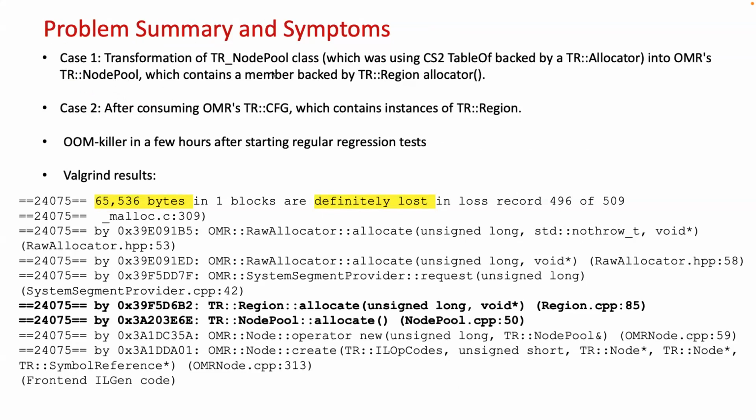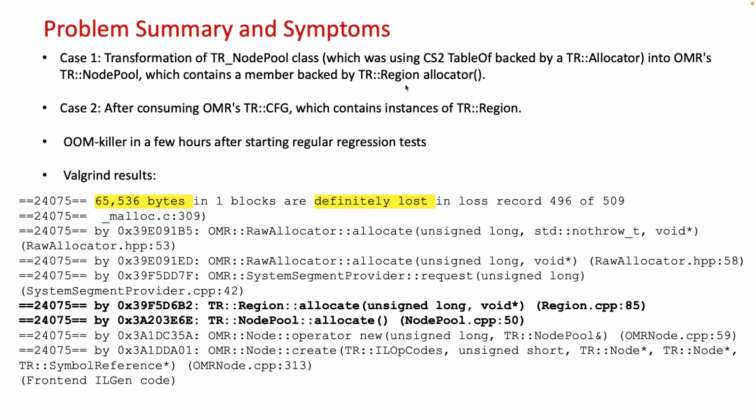Now, the original NodePool that we were switching away from was using a CS2 data structure, the table of, that was backed by a TR allocator. We still see some of these floating around in some places, but for the most part, they're on their way out, I think, if they were deprecated. That has now been replaced in the new NodePool with a TR region.